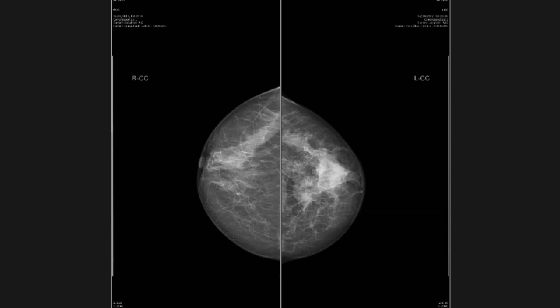What would you do next? On the basis of this, I am suspecting an aggressive lesion, likely BI-RADS 4C, and further I would go for ultrasound imaging.